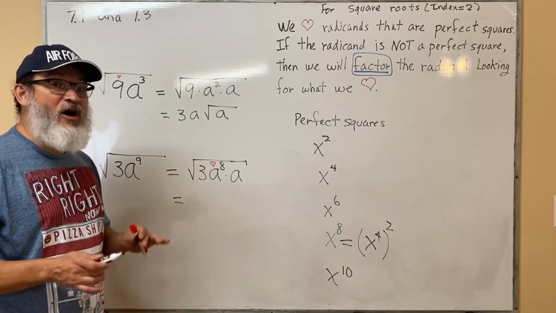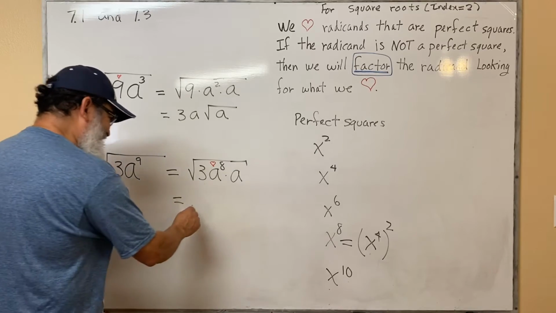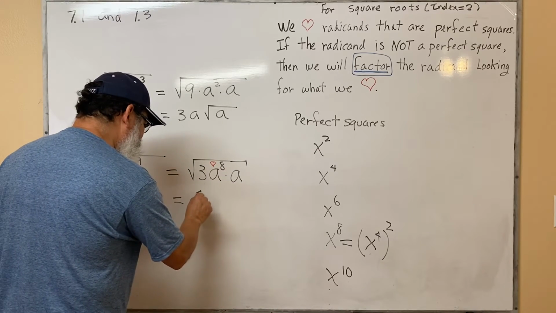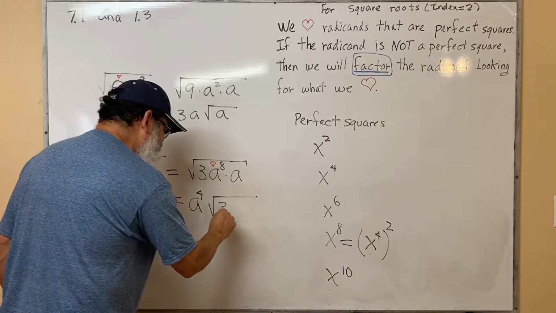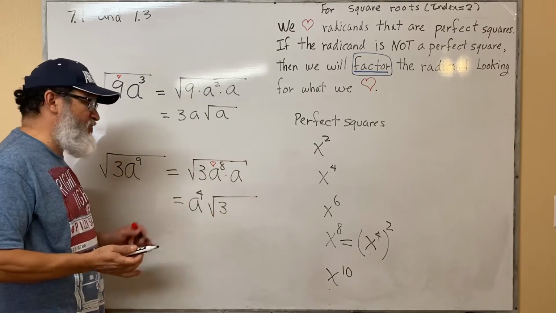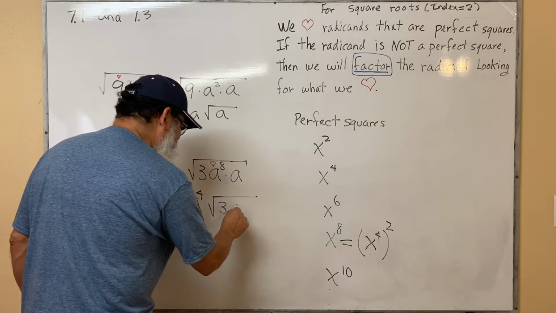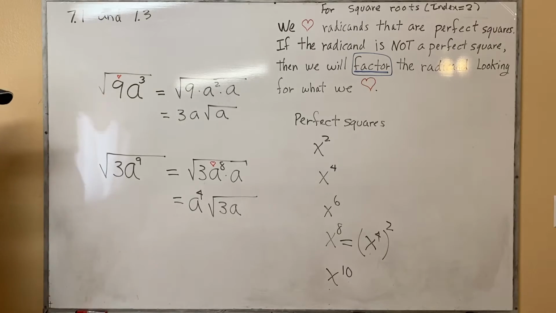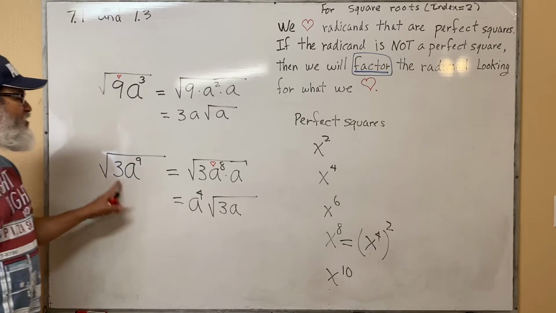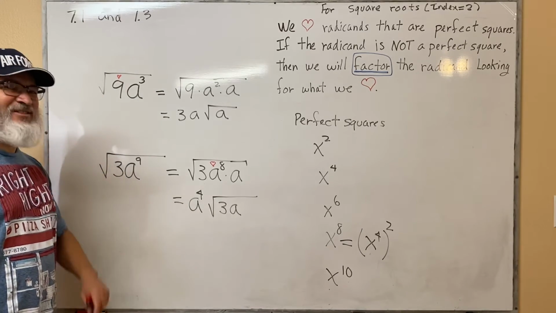That's a to the 4th. A to the 4th comes out. The square root of 3 stays inside because, hey, it's not your fault. And this a also stays inside. Okay? And now we have simplified this one. Look, it's been simplified.